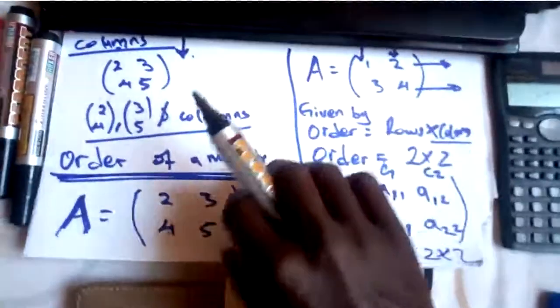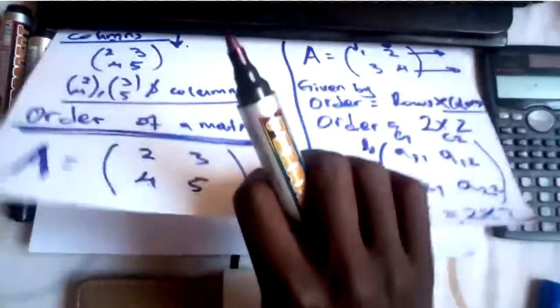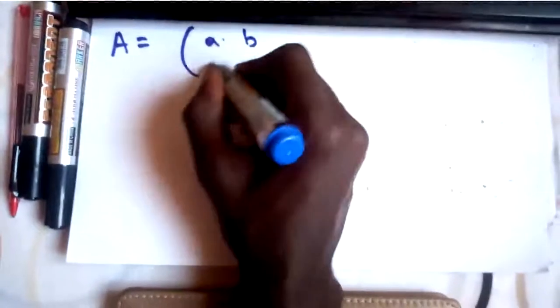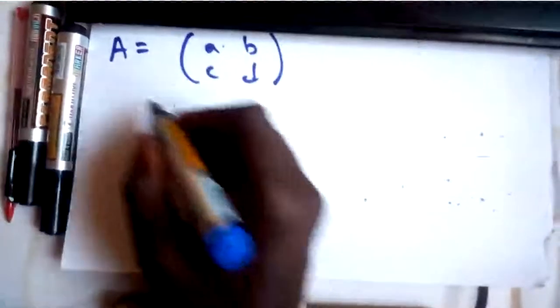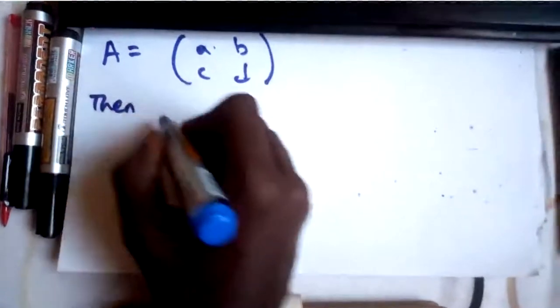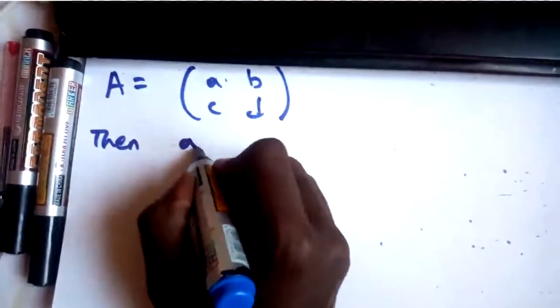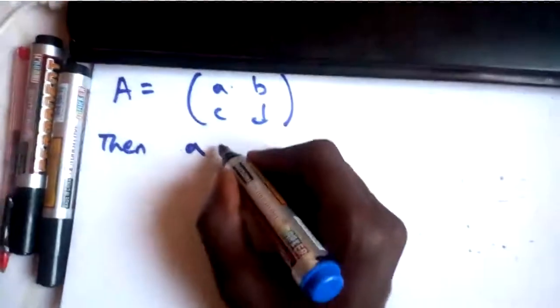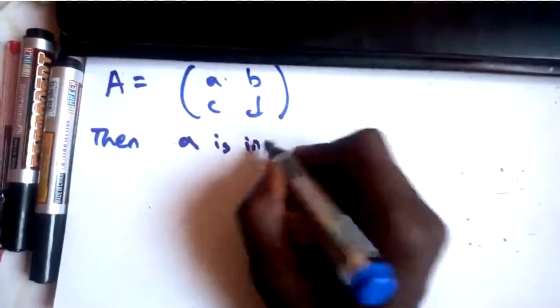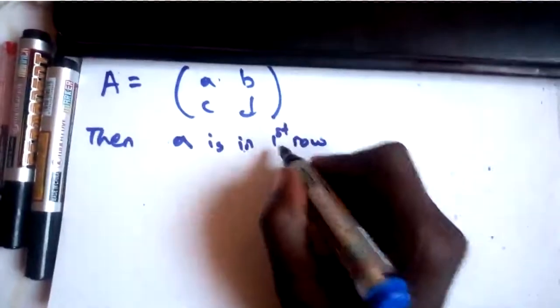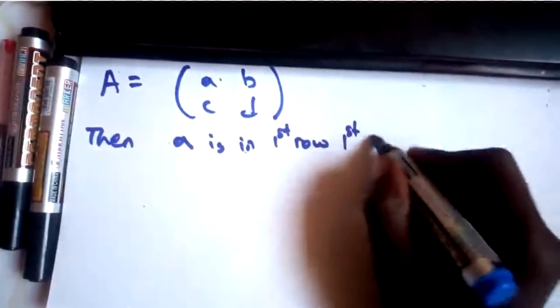Let's have another general example so that we can understand this better. If I have the matrix A with entries a, b, c, d, then entry a of matrix A is in the first row, first column.